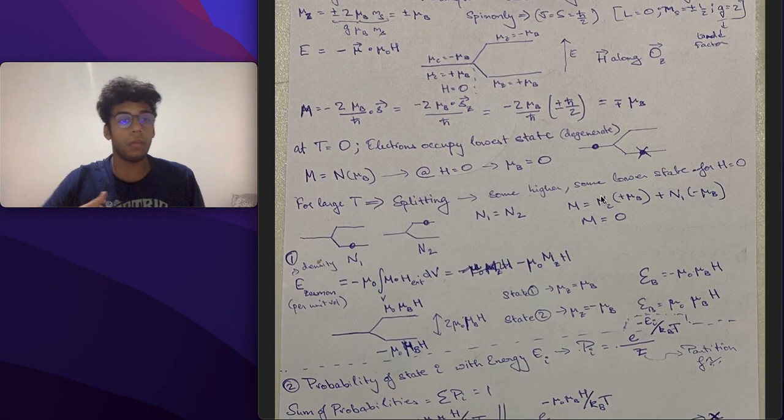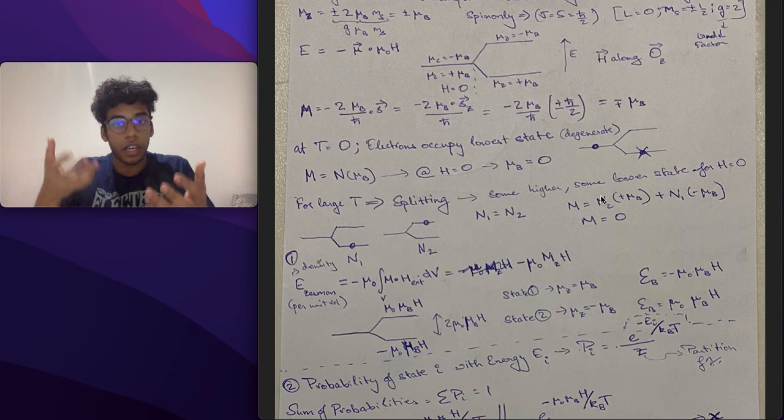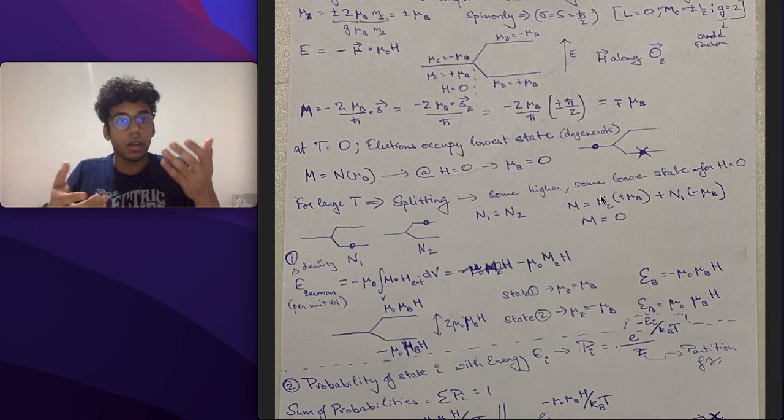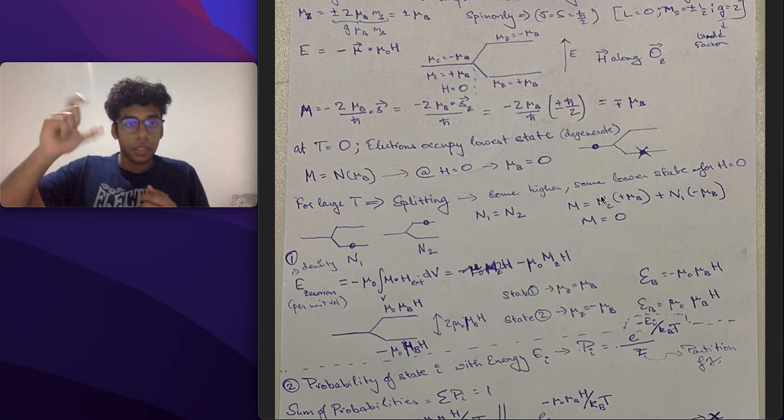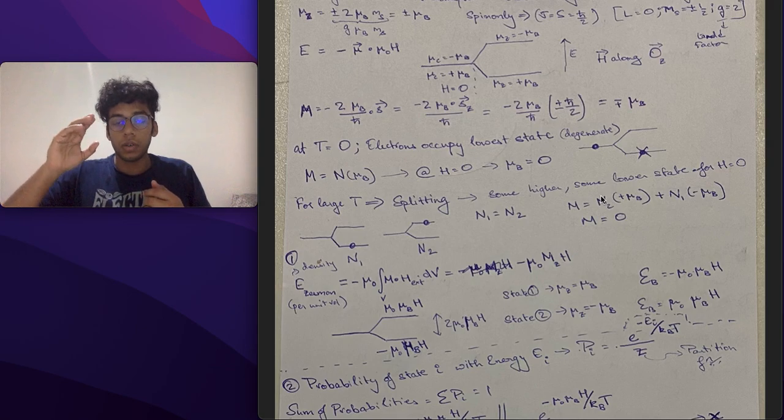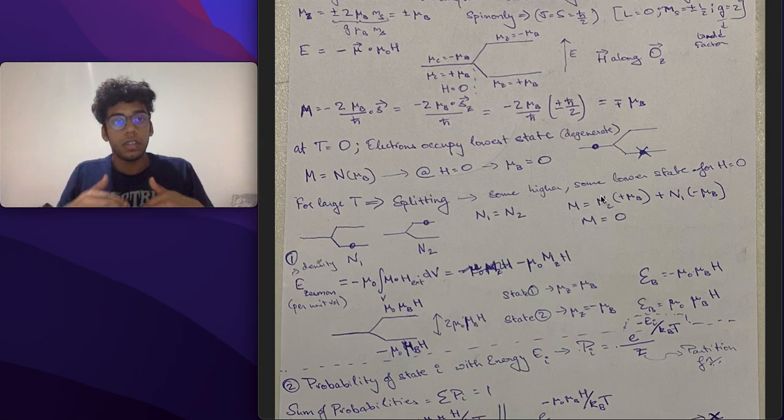Now as you increase your temperature, you're exciting some of the electrons, so they occupy a split state. Some will be spin up and some will be spin down. Spin up is parallel to the external magnetic field, and spin down is anti-parallel.